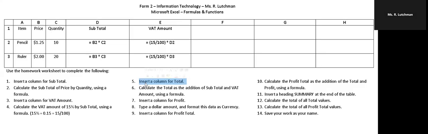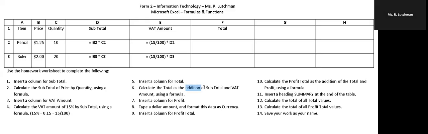Number 5. Insert a column for total. Right. Let's do that in F1. Good. Let's go to number 6. Calculate the total as the addition of subtotal and VAT amount using a formula. So again, the hint is in the question.